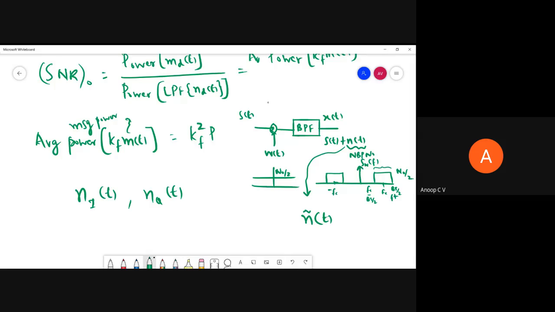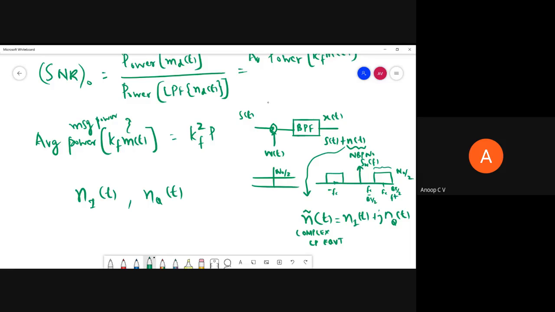This ni of t and nq of t are nothing but the real part and imaginary part of the complex low pass equivalent. They are the in phase and quadrature phase components of noise.